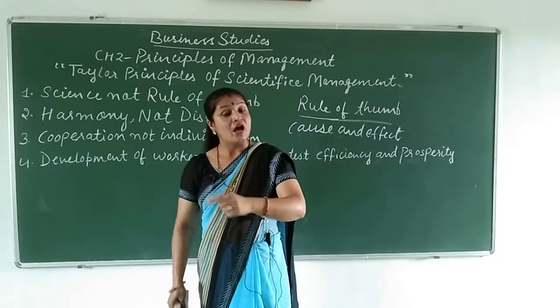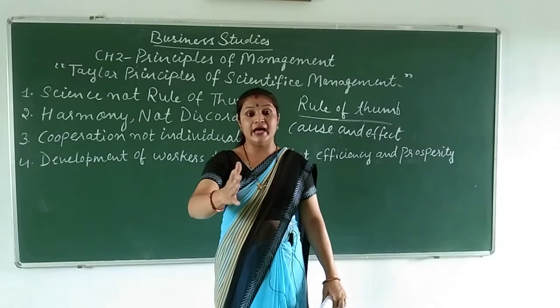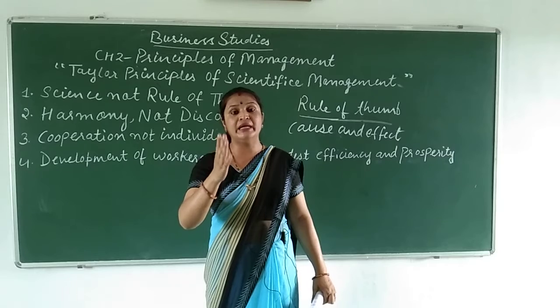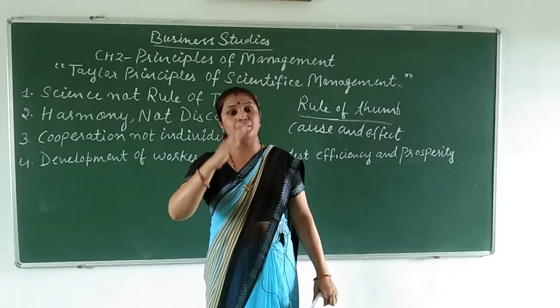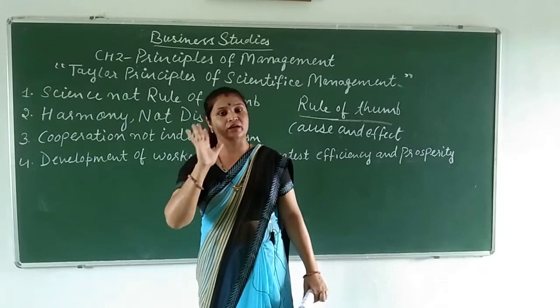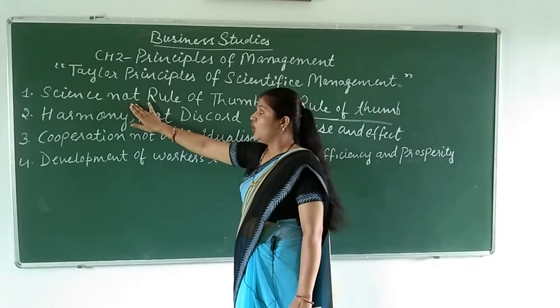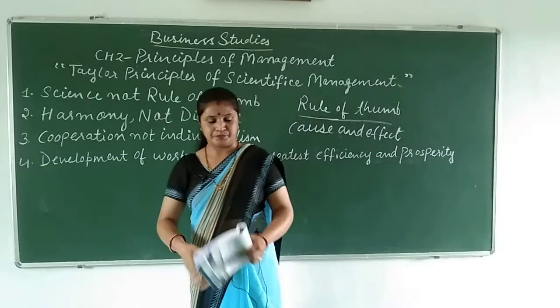But Mr. Taylor says no, this is not correct. There should be a scientific time study, and according to it the work per day should be given to the workers. So this is the first principle of Taylor's scientific management.